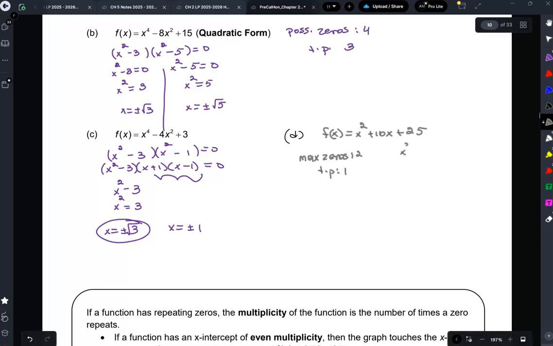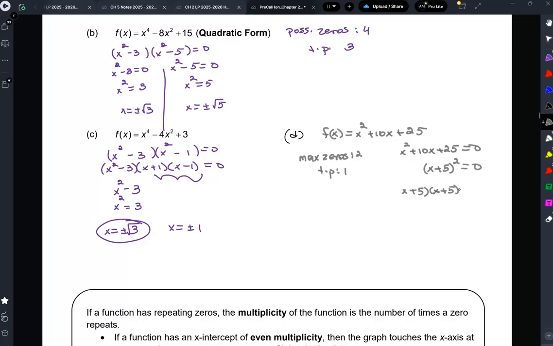x squared plus 10x plus 25 is equal to 0. Okay, this factors as x plus 5 squared is equal to 0, right? But technically, now when we factor it, because we're like almost adults, this is how we factor it. But we know behind the scenes, this is x plus 5, x plus 5 is equal to 0.